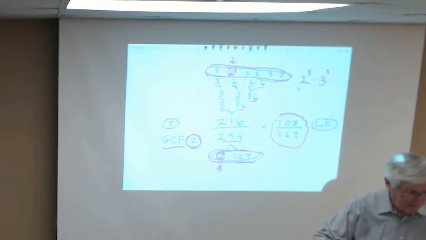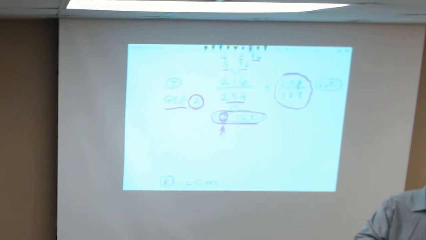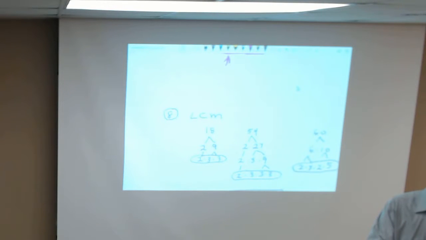Number 8. Find the least common multiple, LCM. I think on the test it'll say LCM and GCF, so you want to write down what those letters mean. The least common multiple.